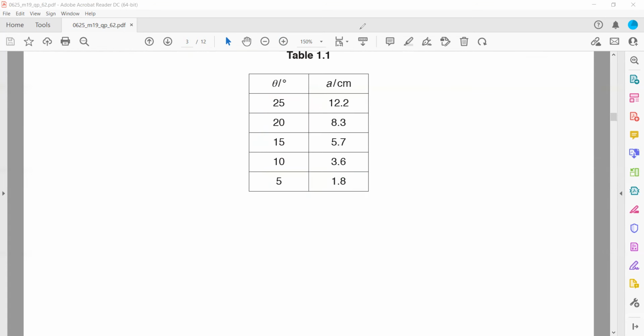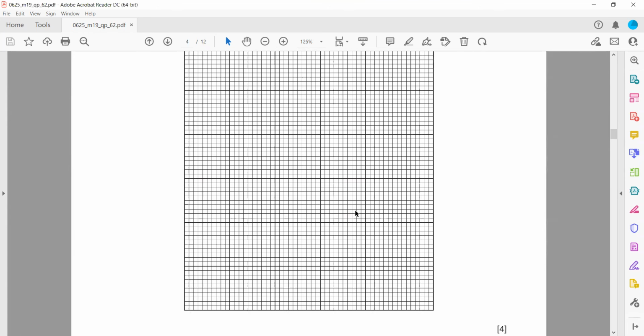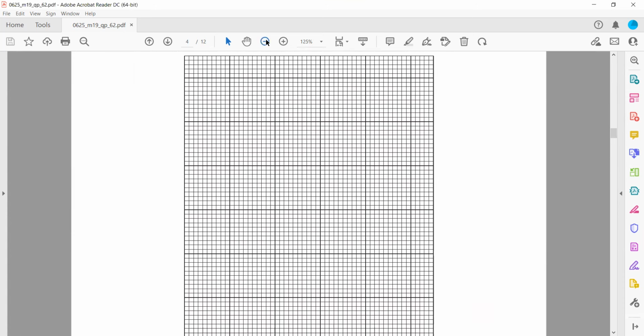The next part, we have to plot a graph. Use the values in the table to plot a graph for A on the y-axis and theta on the x-axis.